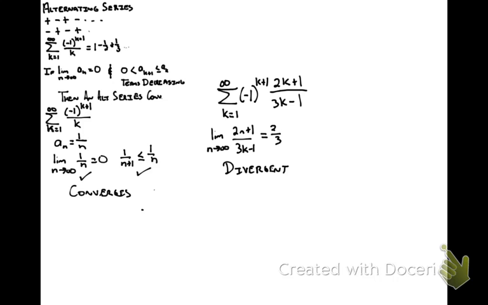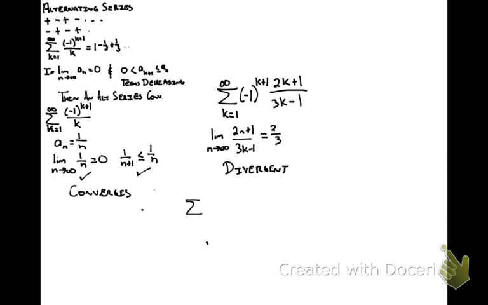So if something's going to be convergent by the alternating series test, we have to have an alternating series. The limit of the nth term must be 0, and we need to be able to decide, are the terms getting smaller or not? Now, sometimes it's really hard to tell if the terms are getting smaller or not.